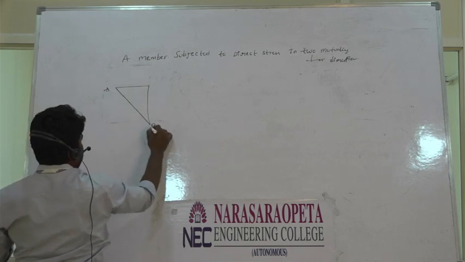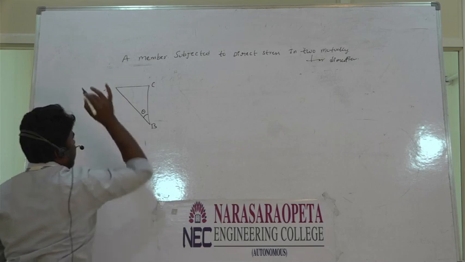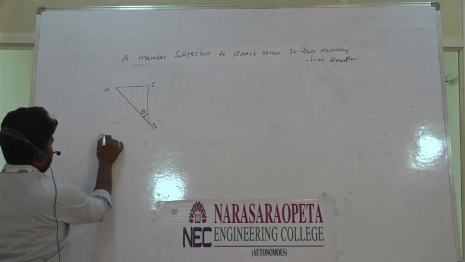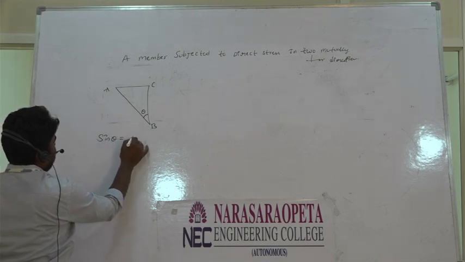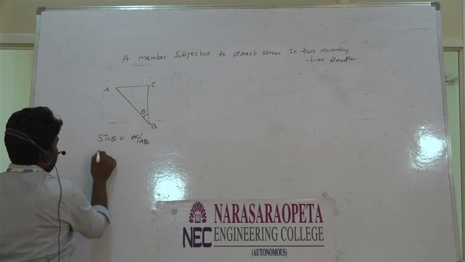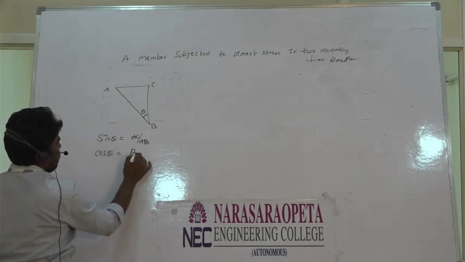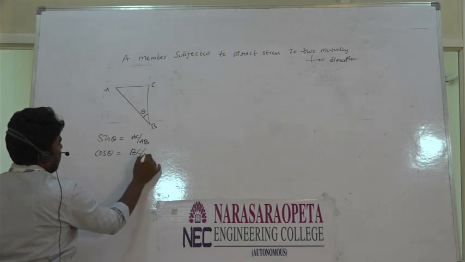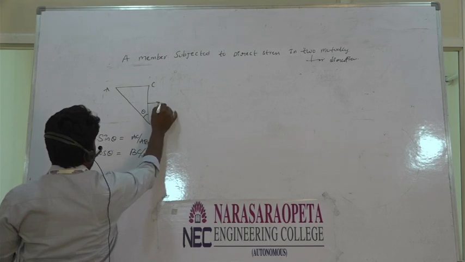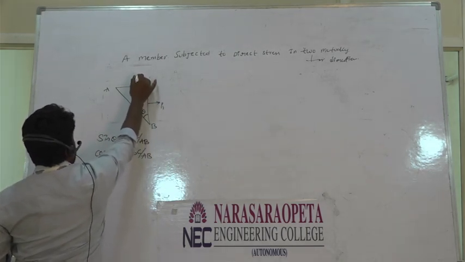Consider the block ABC and angle theta. From this block, sin theta equal to AC by AB, cos theta equal to BC by AB. So this is P1 and this is P2.